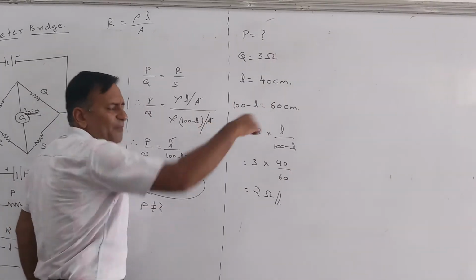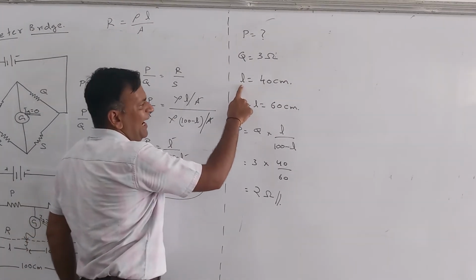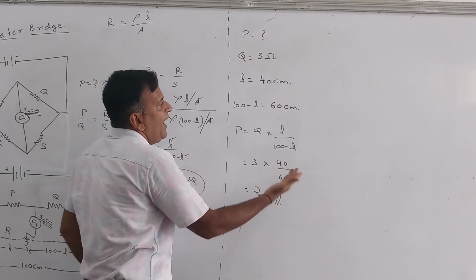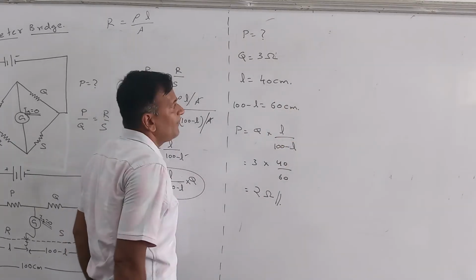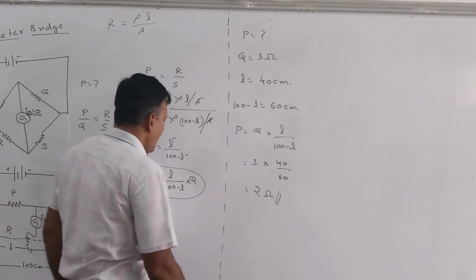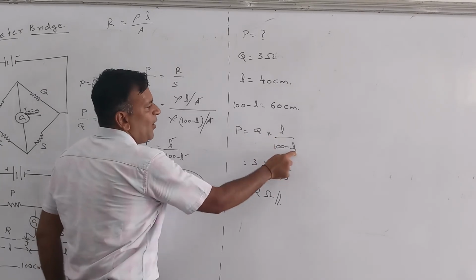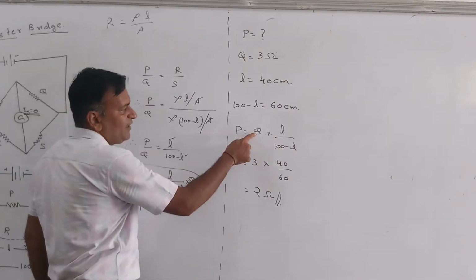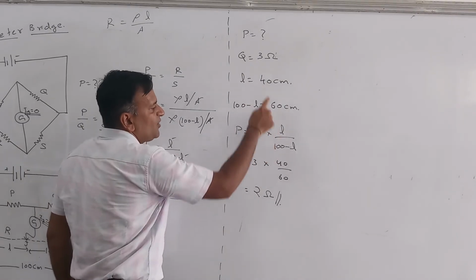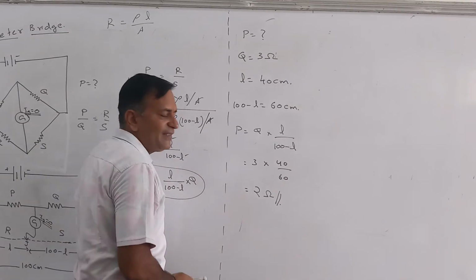When you balance the bridge by moving the jockey, L is 40. So what is 100 minus L? It is 60. L is 40, 100 minus L is 60. And now use the formula. P equals Q times L upon 100 minus L. What is Q? It is 3. What is L? It is 40. What is 100 minus L? It is 60. Cancel them.